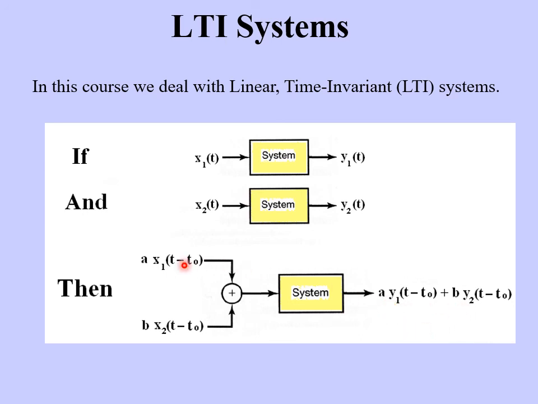Here's y1 from x1, here's y2 from x2, and the output is delayed by t naught. So we have a y1 of t minus t naught plus b y2 of t minus t naught.